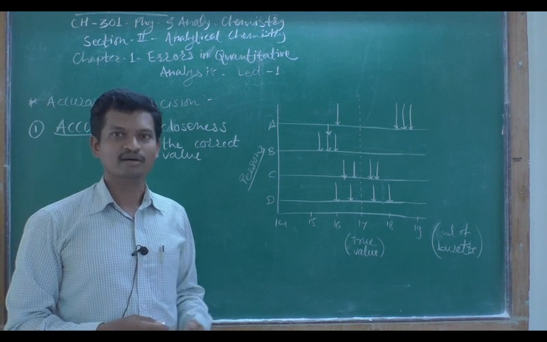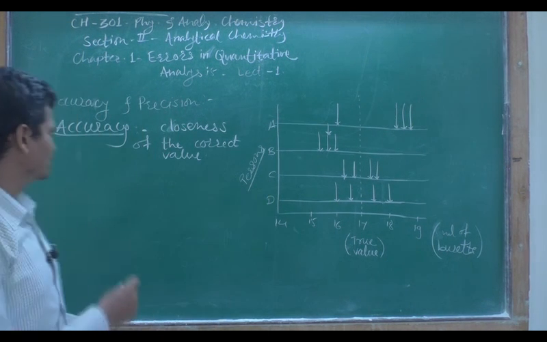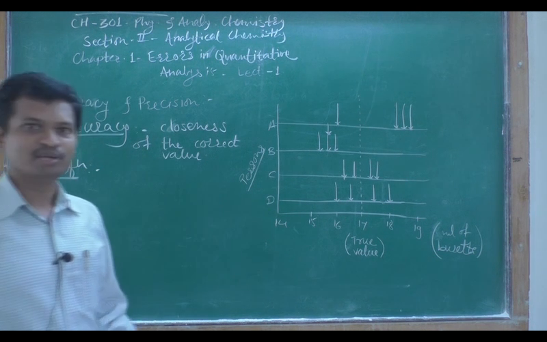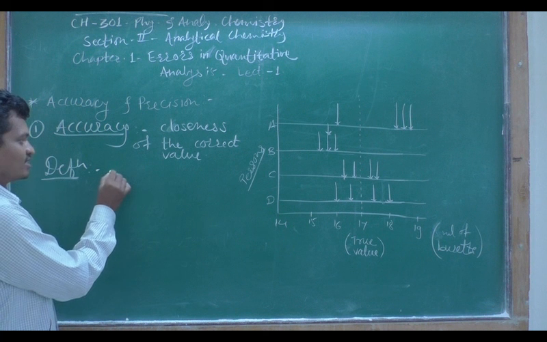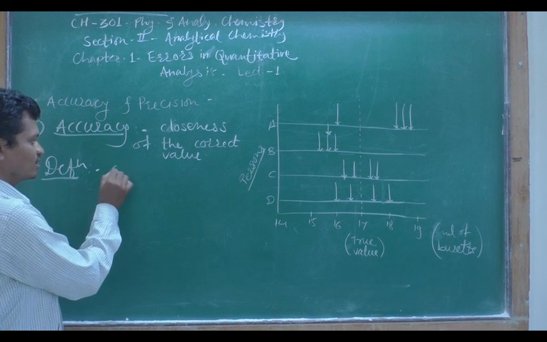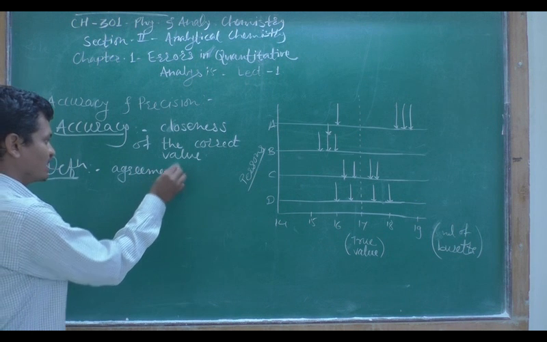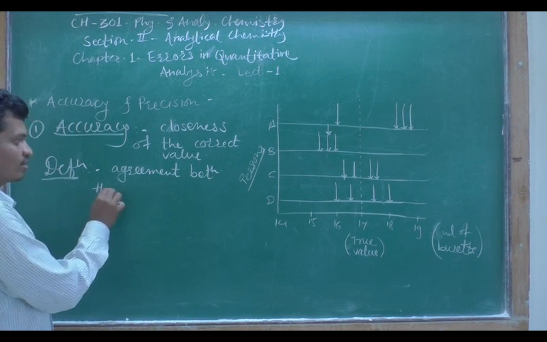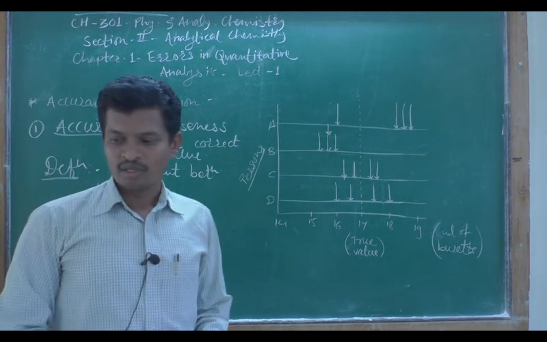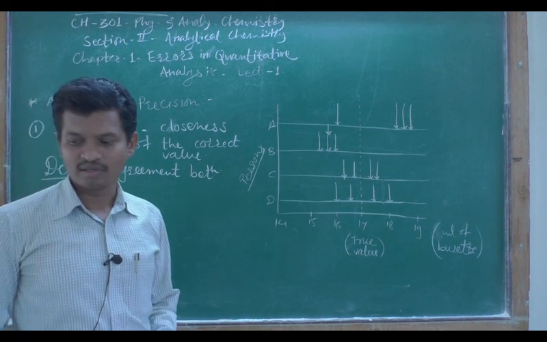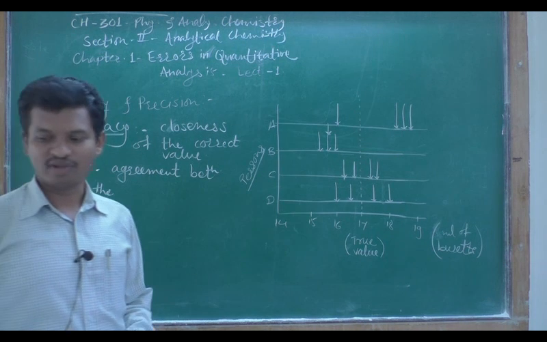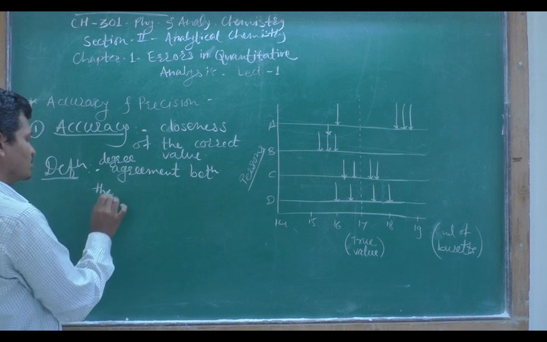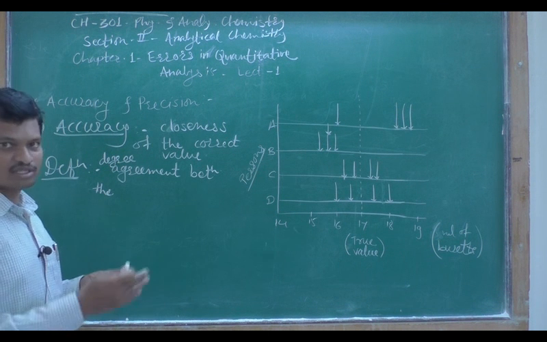Let us see the definition of accuracy. Accuracy can be defined as the correctness, or the degree of agreement, between the measured value and the true value. Degree means how much.